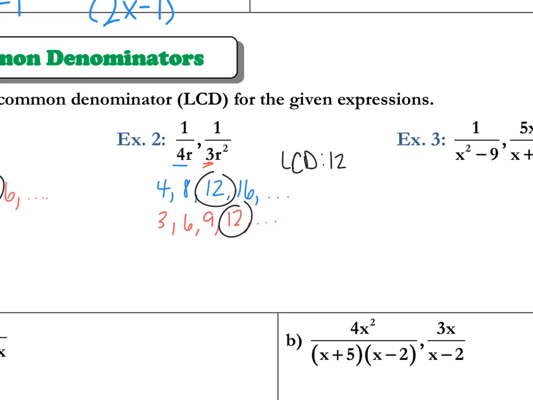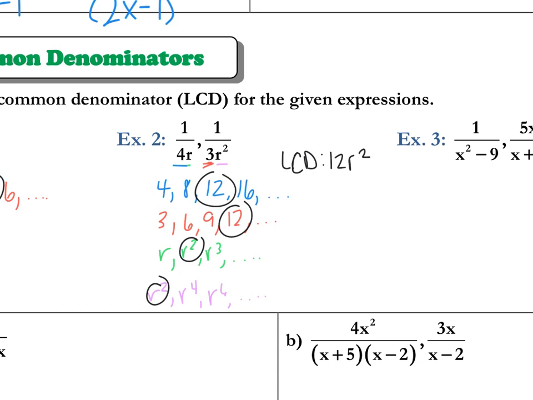So you start listing out multiples of r. So r to the second, r to the third. Okay, and then this one would be r to the second, r to the fourth, r to the sixth, and so forth. So which one do they share in common first? R squared.